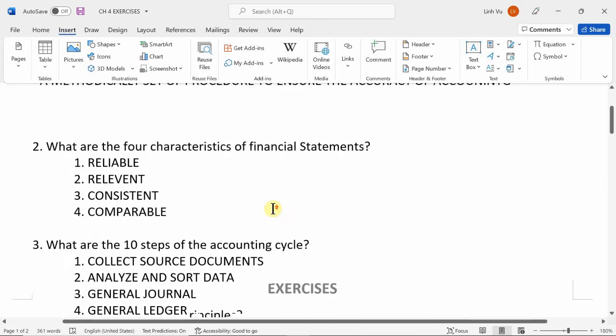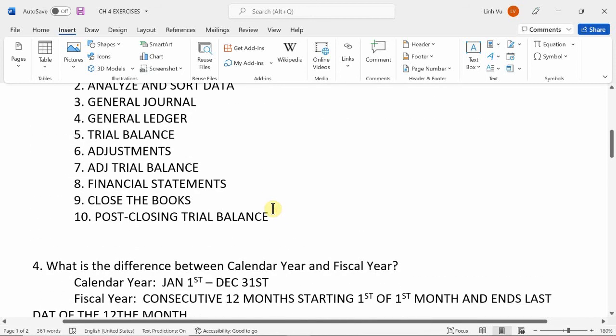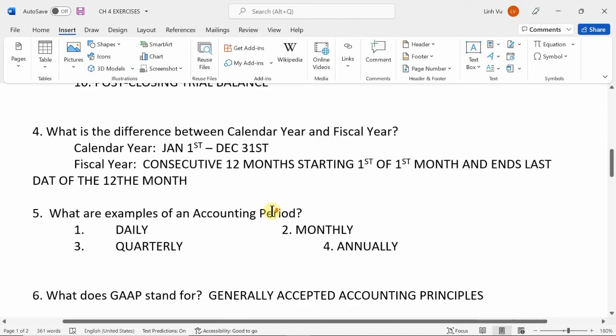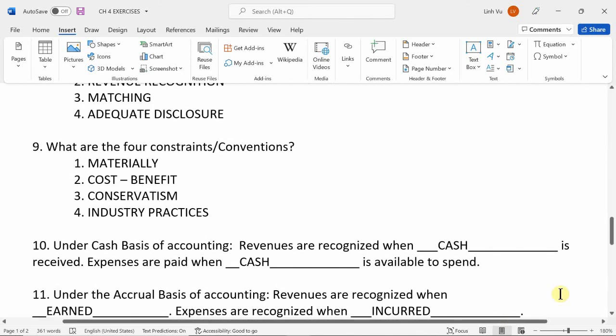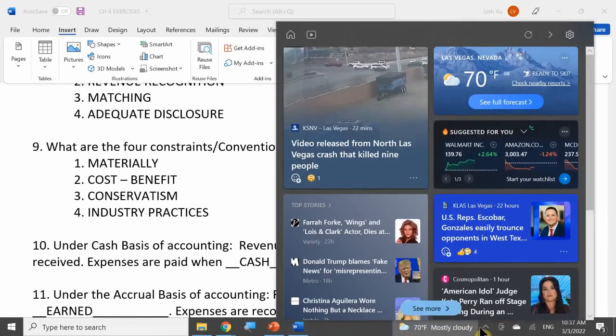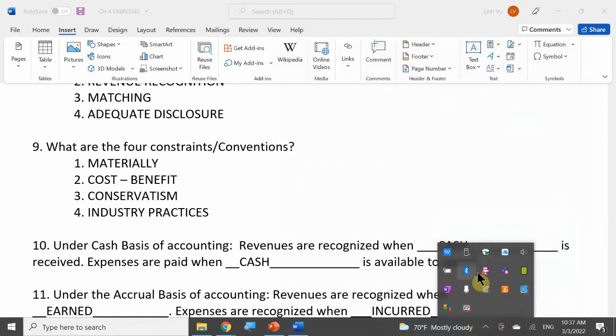But I need you to know only the first 8, the accounting assumptions and basic principles, in depth. For the conventions, you just need to know what they are and that they exist. Other than that, do you have any questions in regards to chapter 4?